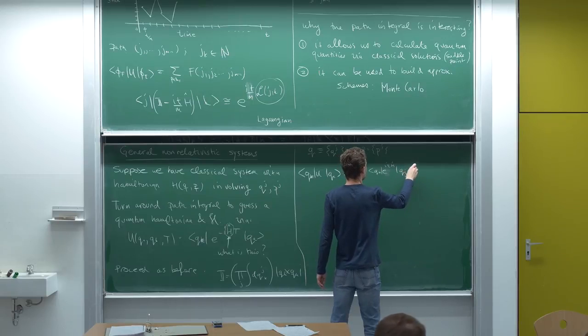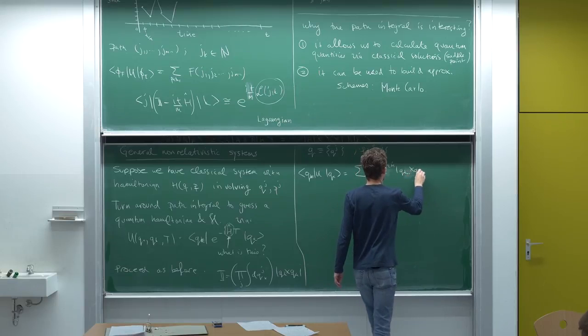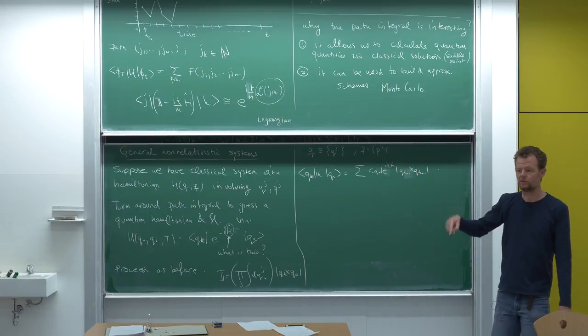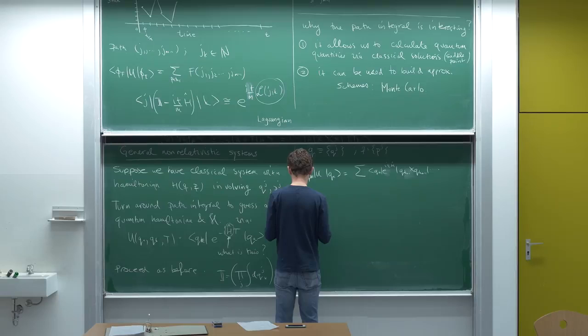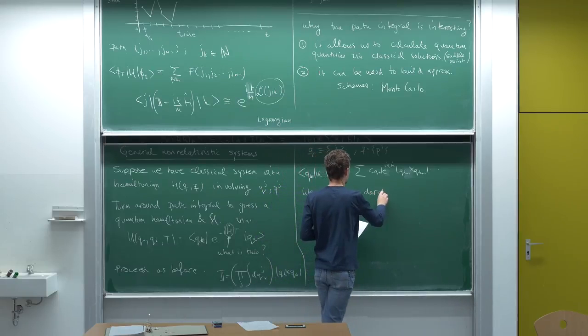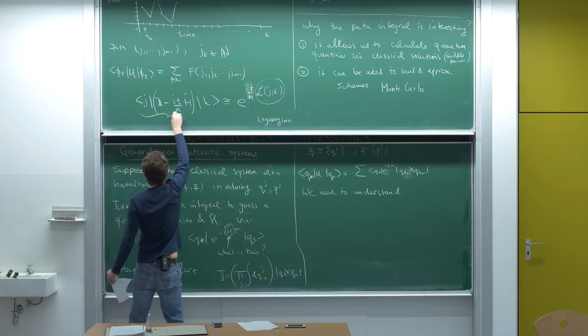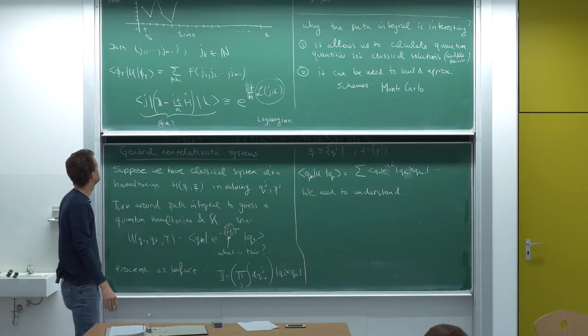Just as before, I've renamed this basis from J to Q. And what we need to understand is precisely this term here, which we'll call star star in our example. What is star star?